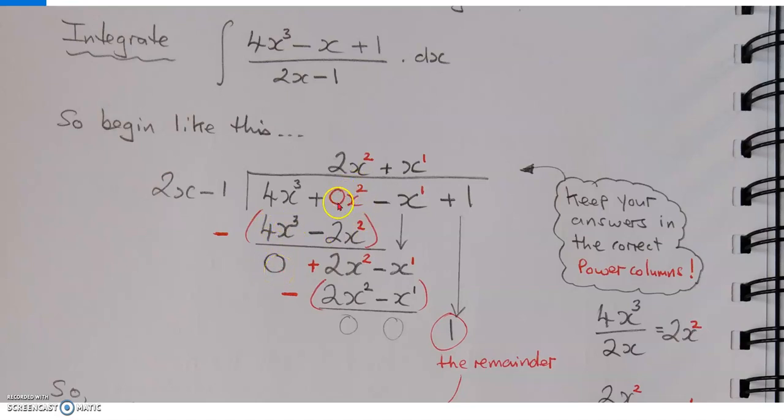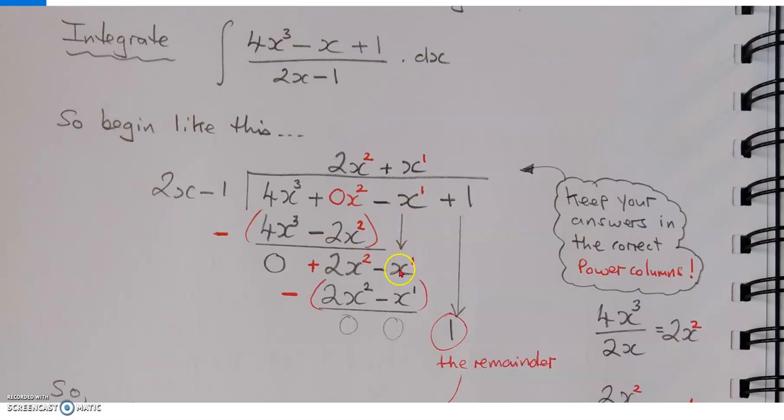And now we're saying 0x squared minus 2x squared. Well, this minus and minus are going to go to plus, and in that case we're taking away nothing from it, so it just goes to 2x squared. Now we bring down this minus x to the power 1. There it is.